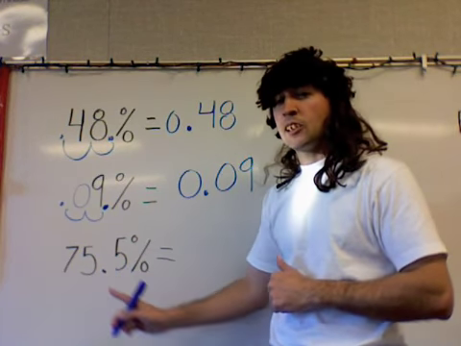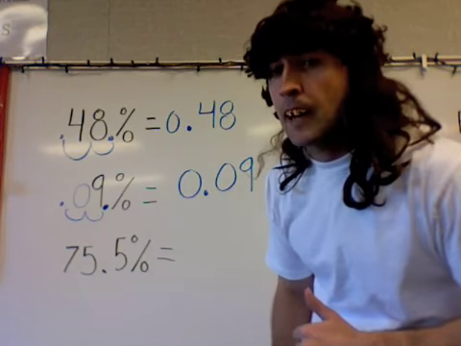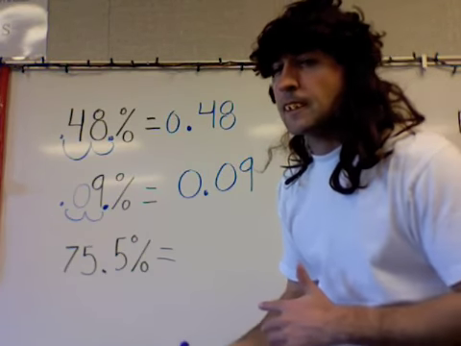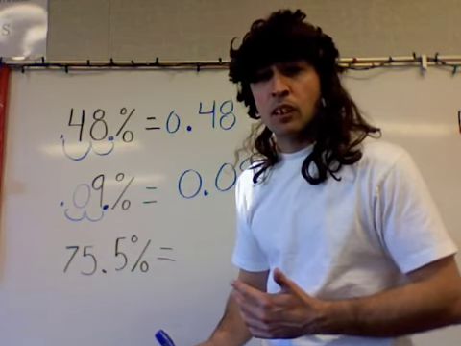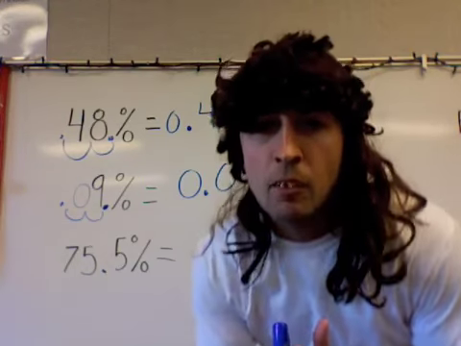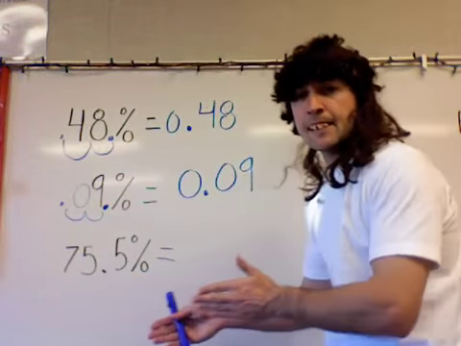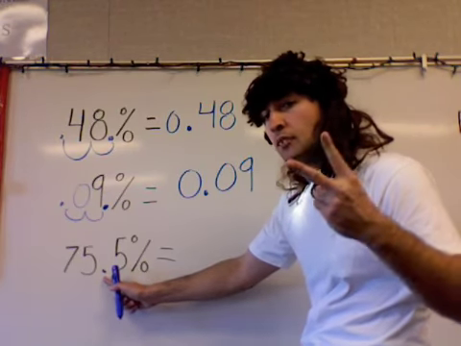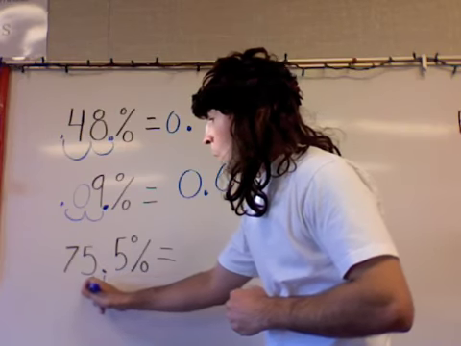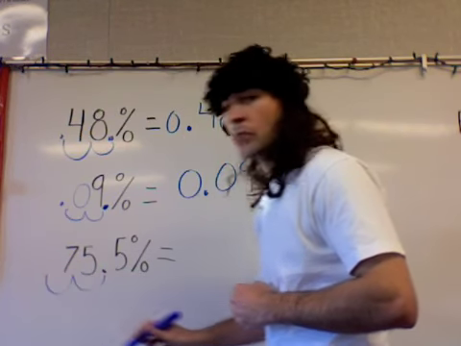Now let's go down here. I know y'all starting to get a little bit scared because it's 75.5%. Y'all saying, Cletus, this one already got a decimal. And you're right. So guess what, boys and girls? That makes it even easier. Because now I can take that first step out. It's got a decimal. So let's move it 2 places. 1 and 2.